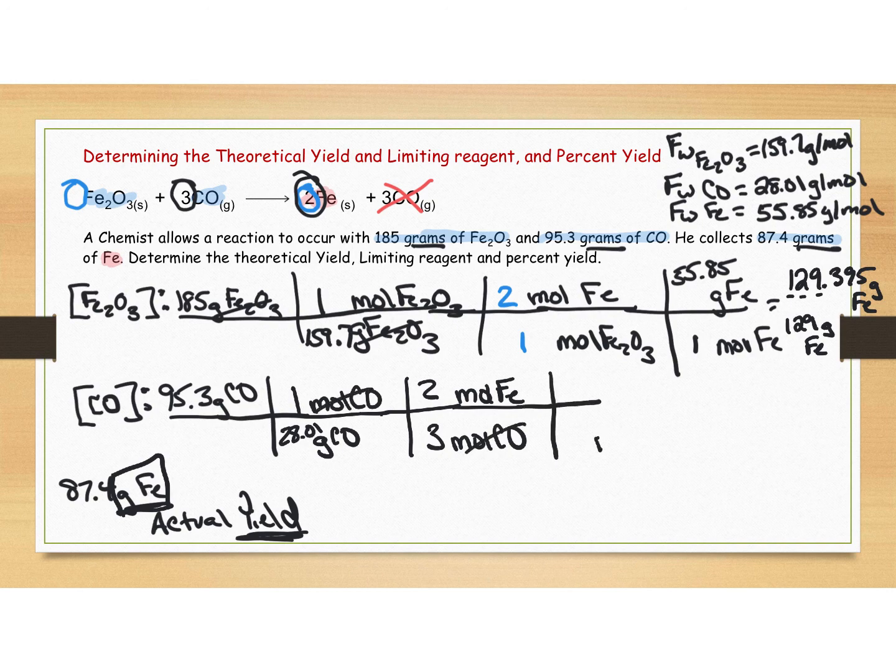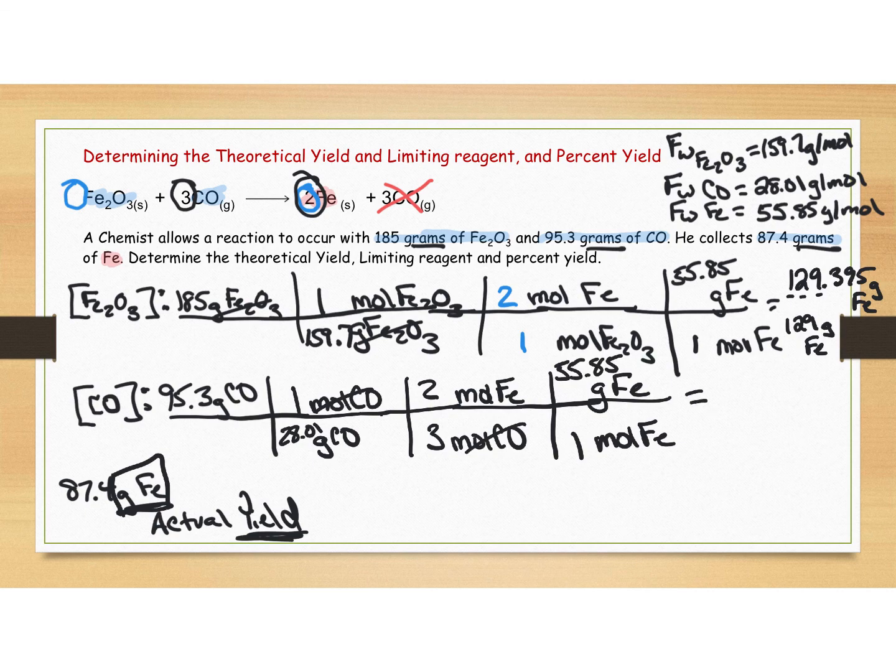My last step is to go from moles of iron back to grams of iron. 1 mole of anything is equal to its atomic mass in grams, so I look up the weight of iron. Iron is 55.85 grams.